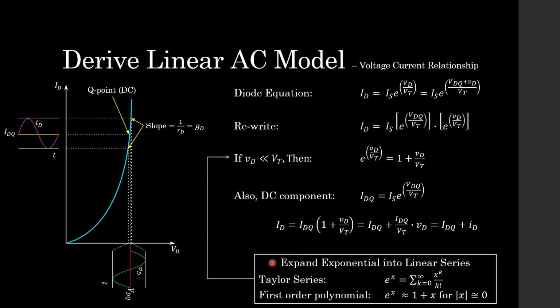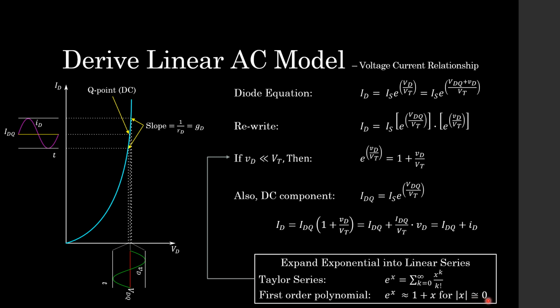We're going to expand an exponential into a linear series, and this is a Taylor series, students. So familiarize yourself with the Taylor series, and then what we do is simply e to the x, or exponent to the x, can be approximated by 1 plus x, for our x being approximately 0.